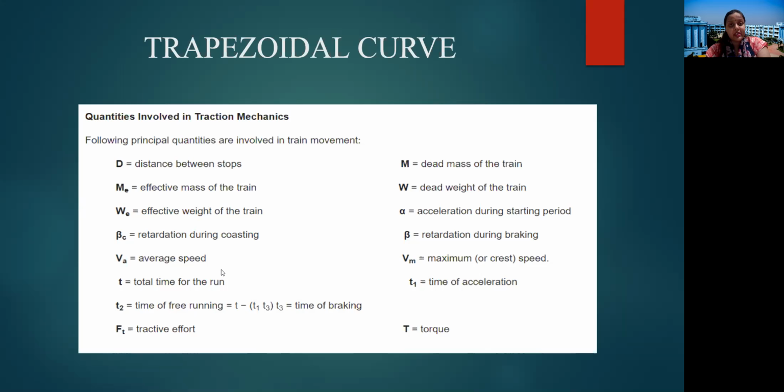VA is the average speed, T will be the total time for the run, FT tractive effort, M dead mass, W dead weight, alpha acceleration during starting, beta retardation during braking, Vm maximum speed, T1 time of acceleration.